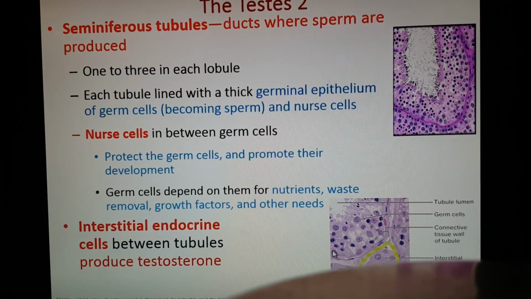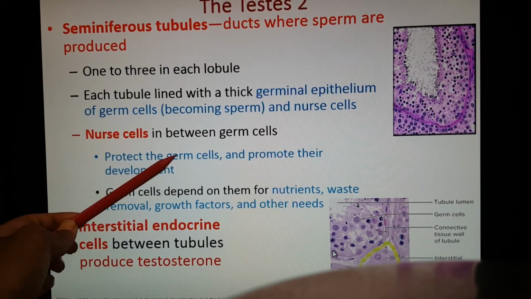So one very important cell in these seminiferous tubules are your nurse cells. They have different jobs, not only in the development of sperm, but also in protecting sperm. I believe later somewhere in this chapter it actually says this, but I'm just going to explicitly say this now. One of the jobs that the nurse cell does is to protect the germ cells.